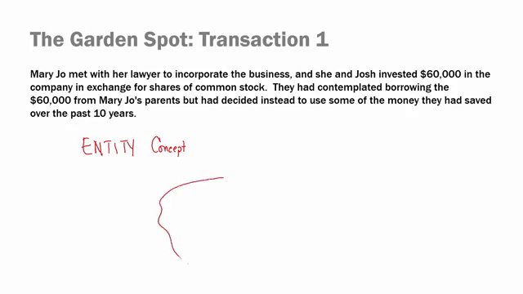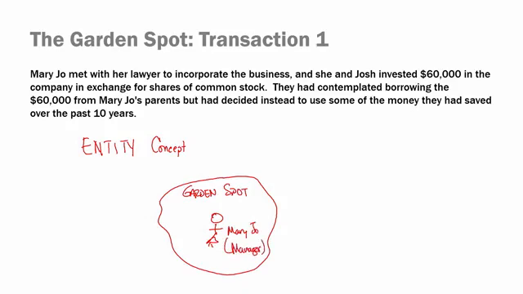So let's draw this area, which will represent our company, the Garden Spot. Now recognize that Mary Jo is affiliated with the Garden Spot because she's the manager.